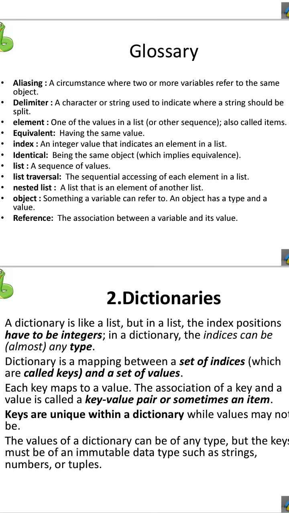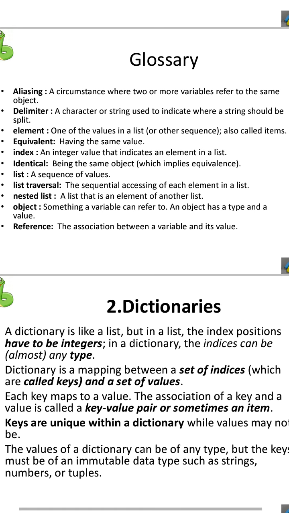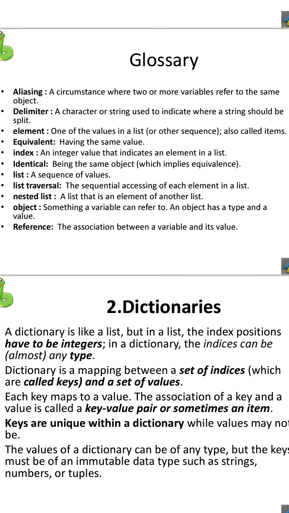Element: one of the values in a list. Sometimes we also call them items. Equivalent: having the same value. Index: an integer value which helps us to extract an element from a given list. Identical: being the same object, or when 2 or more variables refer to the same object.